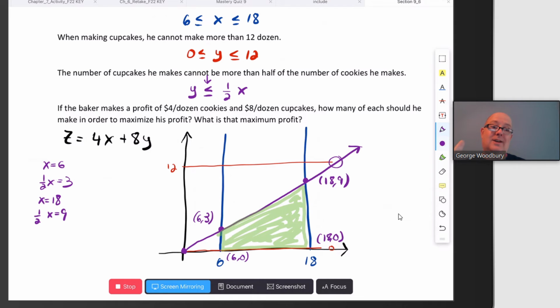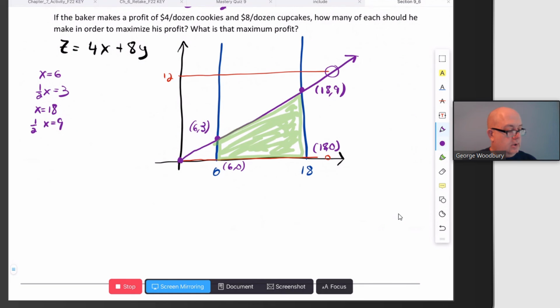I think we have a good idea of which one it's going to be, but this is the way you would go through it no matter what kind of problem it is. I'm going to take the points from left to right. Starting with 6, 0: Z equals 4 times 6 plus 8 times 0.